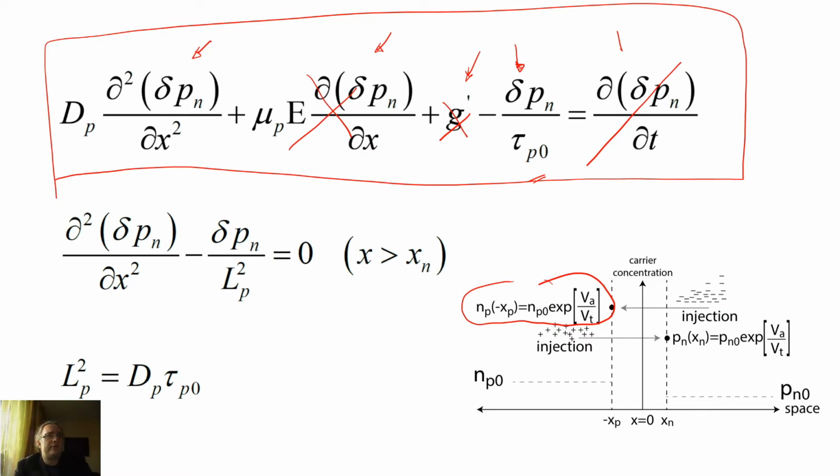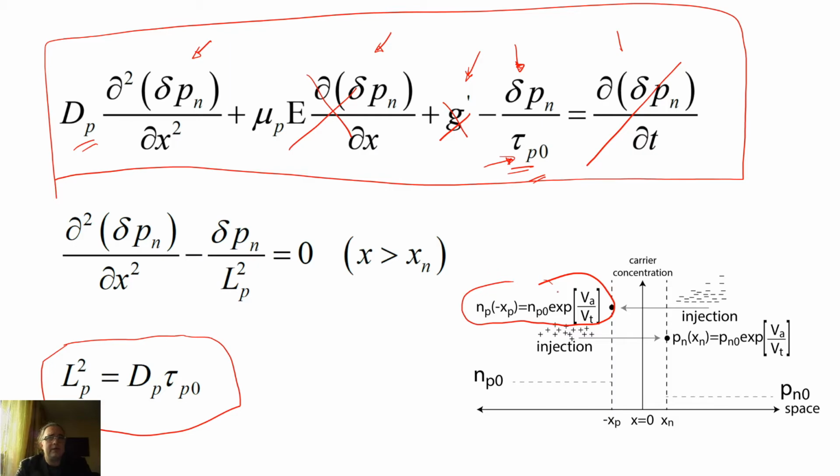Then for the holes, so basically if we look at this side of the holes, we have the second derivative term, which is the diffusion term, and we have the recombination term. We rearrange the constants, so we have two constants here. One is the diffusion constant and the other is the lifetime constant, and we can define the diffusion length constant.